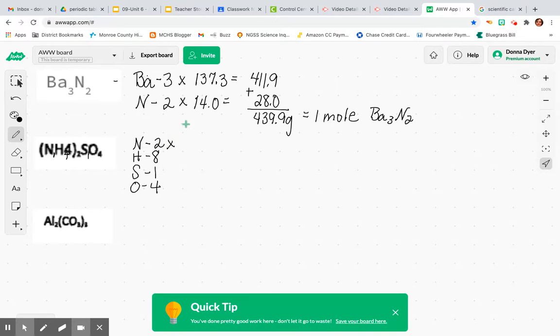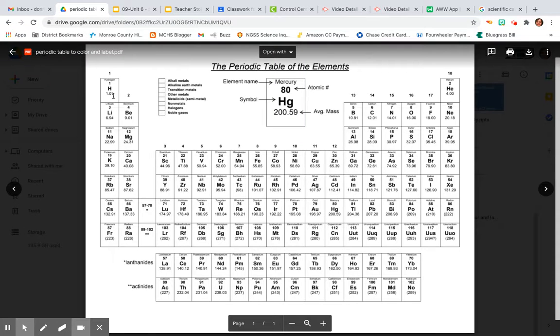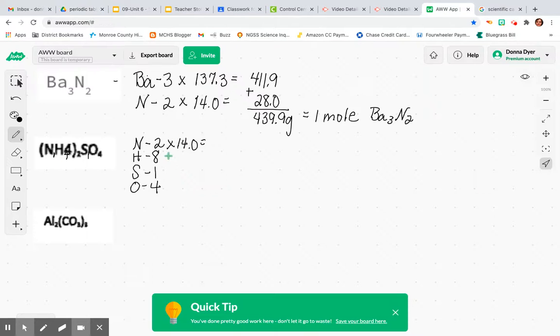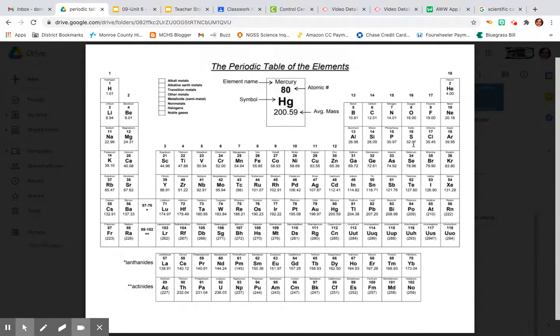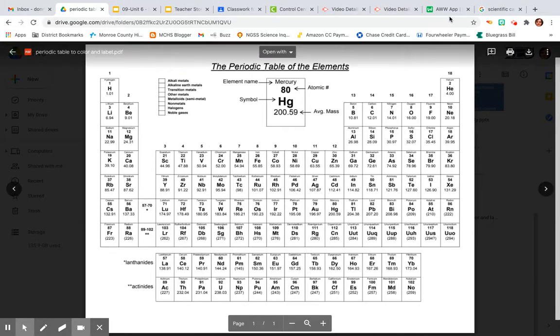So nitrogen, we already know, was 14.0. Hydrogen is 1.01. This 1 does not change that 0, so it's 1.0. Sulfur is 32.07. This 7 does change that 0 to a 1, so that's 32.1.